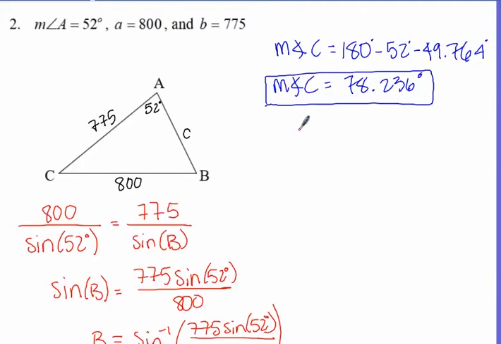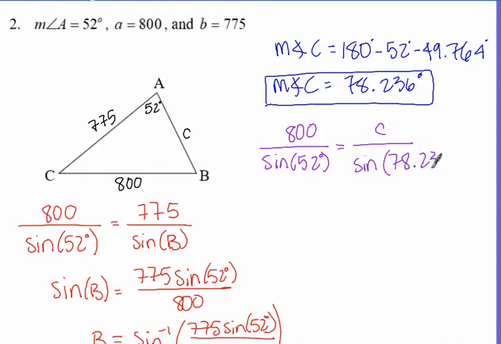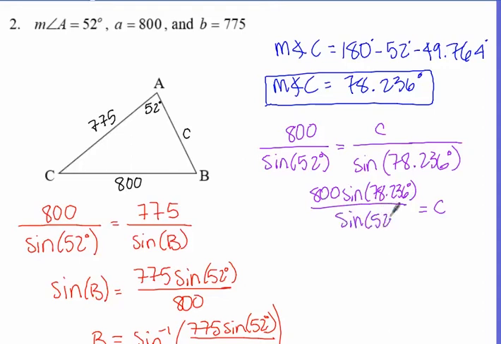I'm going to use the law of sines, starting with side A over the sine of angle A equals side C over the sine of angle C. And if we solve this like we did on previous problems, we get that C is 800 times the sine of 78.236 degrees over the sine of 52 degrees.